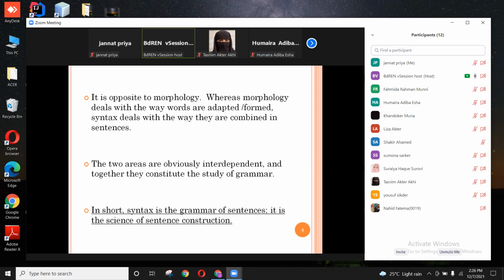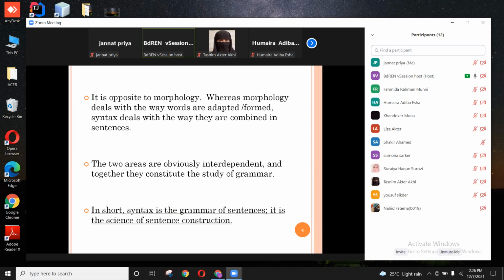So we can conclude that syntax is the grammar of sentences. It is the science of sentence construction. So it is the study of sentence construction, sentence formation, sentence building. How can we make sentences? Syntax will tell you the rules, the ways you can combine.